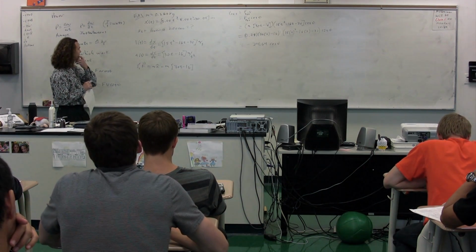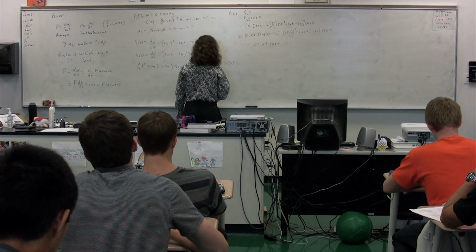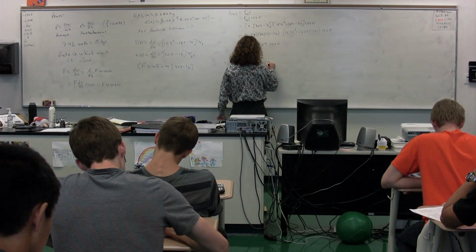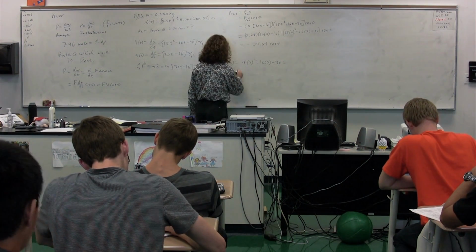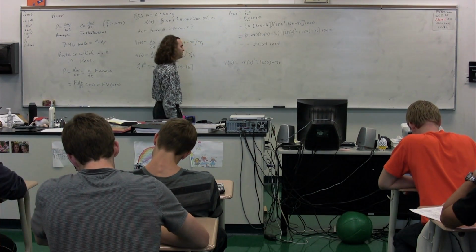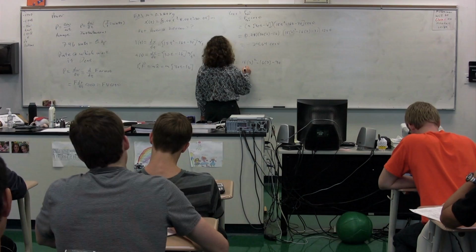Everything's in the x direction, so the velocity at 2 seconds is equal to 15 times 2 squared minus 16 times 2 minus 30. What do we get?